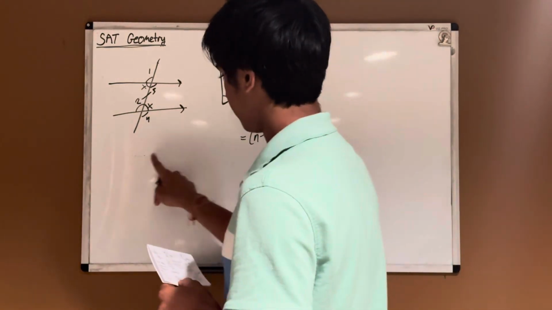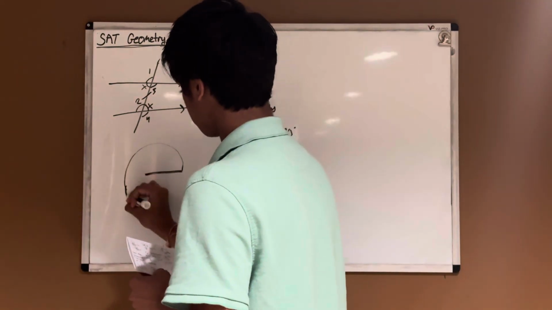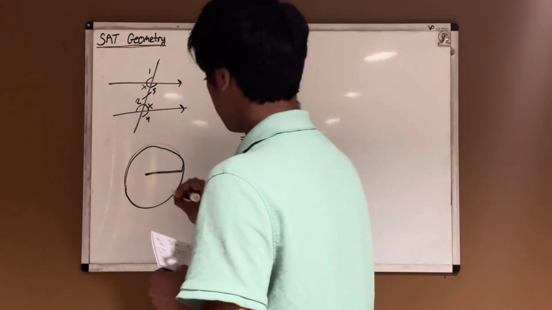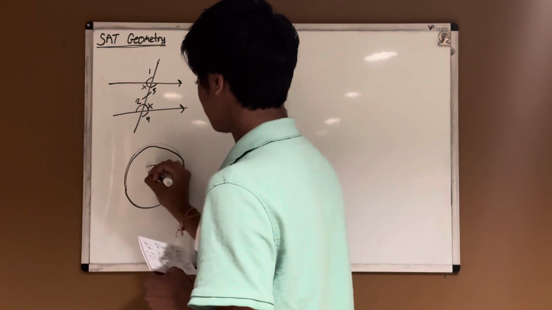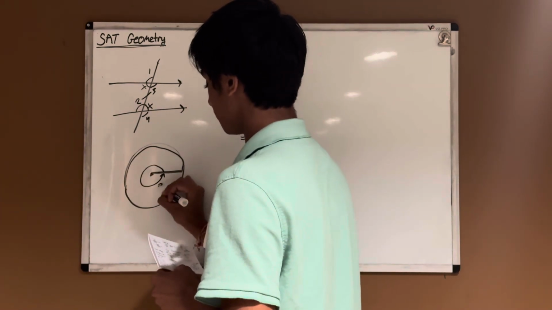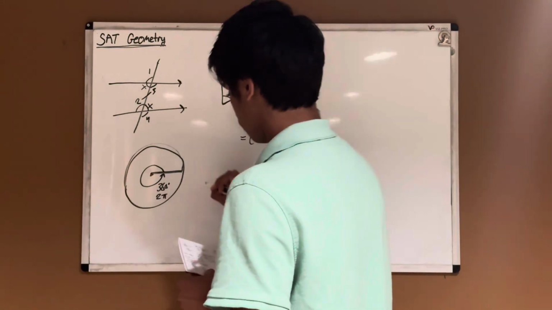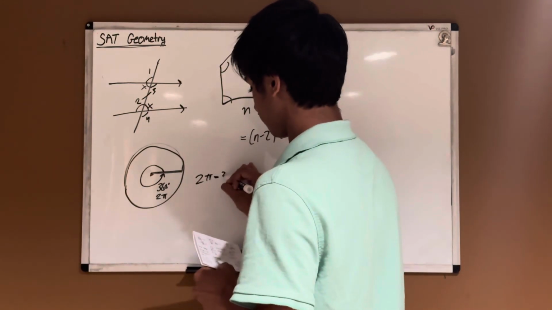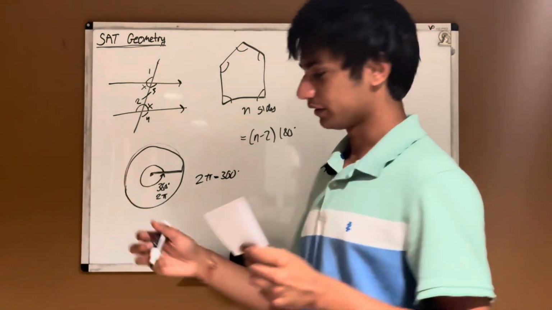Next, for a circle, let's imagine we had a circle. Call this the center. The degrees in a circle are equal to 360 degrees, or in radians, 2 pi. So 2 pi is equal to 360 degrees. And we can use this conversion whenever we want to convert from radians to degrees.